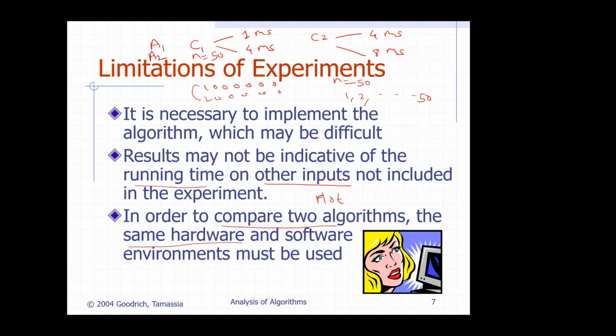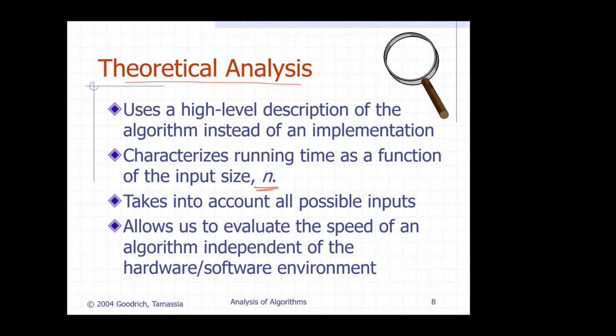So what are the limitations? Implementing every algorithm will add a lot of time, which might be difficult. And results might not be indicative if we are not using the same machine. In order to really compare two algorithms and their implementations, we have to have the same hardware, software, and environment, which is also difficult.